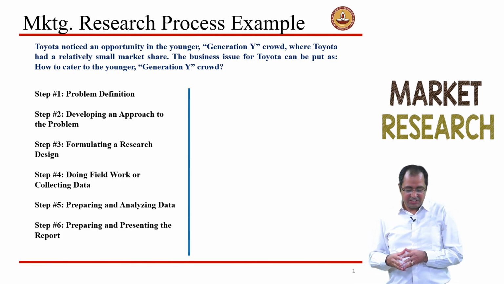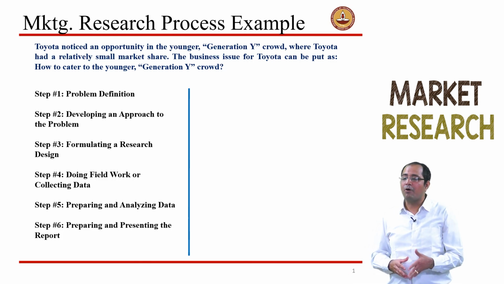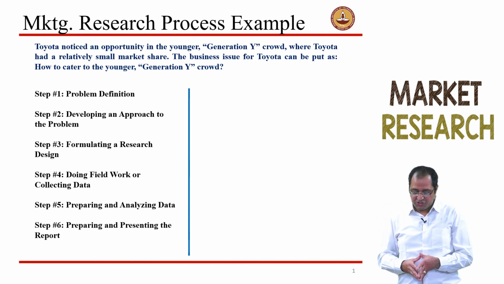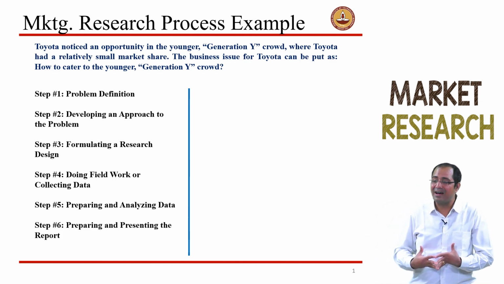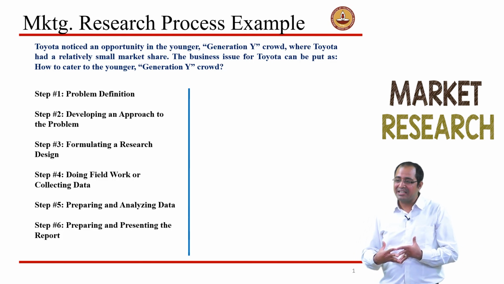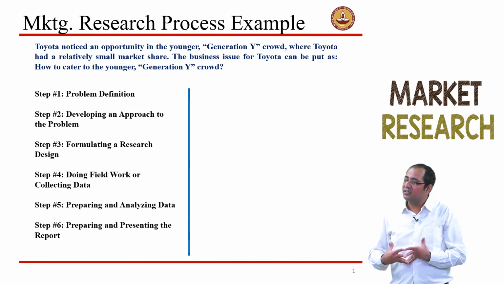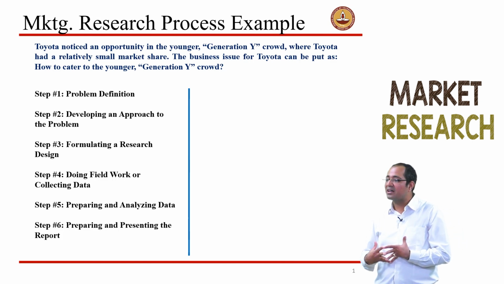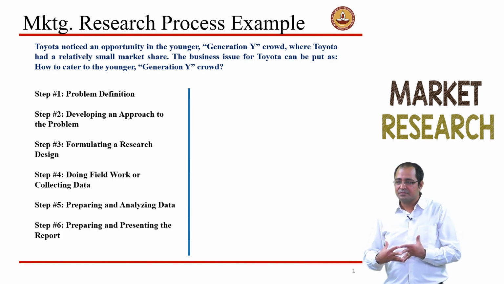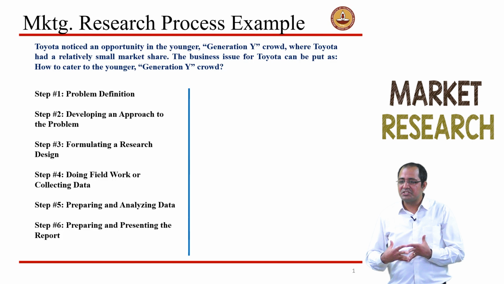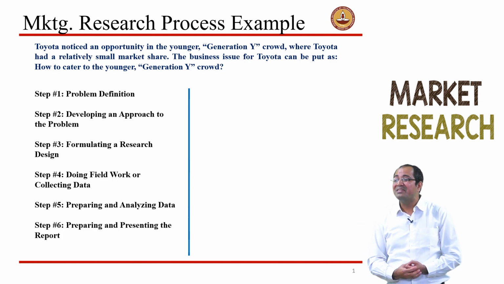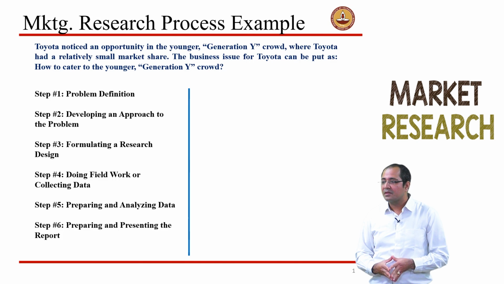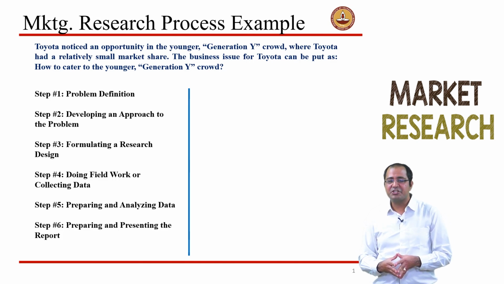So this is an example of the Toyota company. They noticed an opportunity in the younger generation Y crowd, where Toyota had a relatively small market share. So the business issue for Toyota can be put as how to cater to the younger generation Y crowd. This is something they are sensing from the business trends, and they want to cater to the younger generation Y crowd.